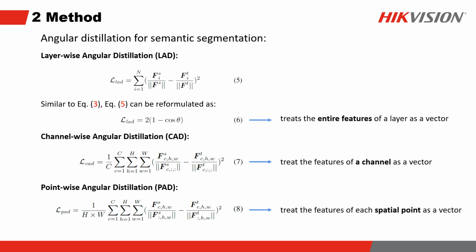And we can also treat the features of each spatial point as a vector, and minimize the angular difference between features of the same spatial point from the teacher and the student. The difference between LAD, CAD, and PAD is that the dimensions of the angular information used for distillation are different.